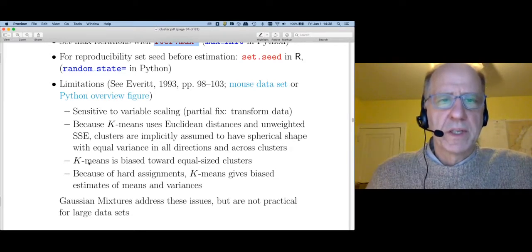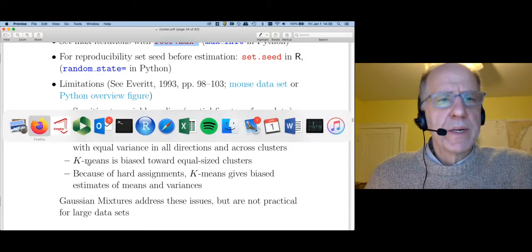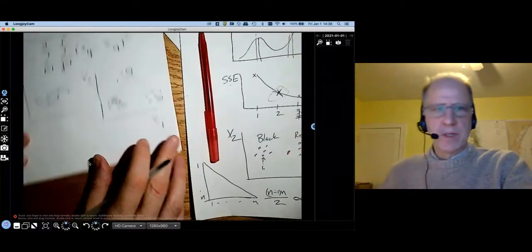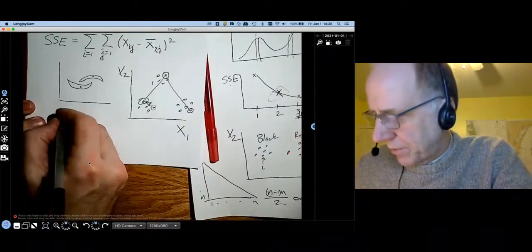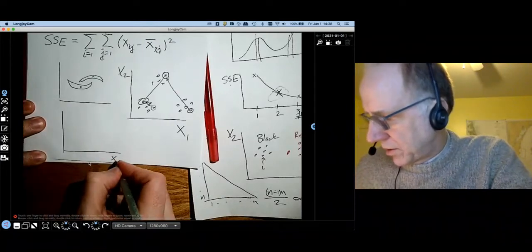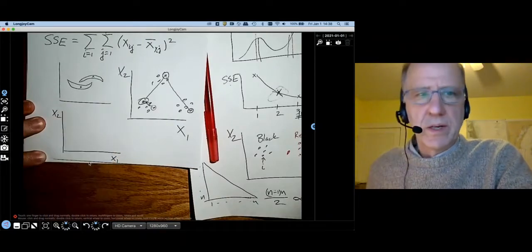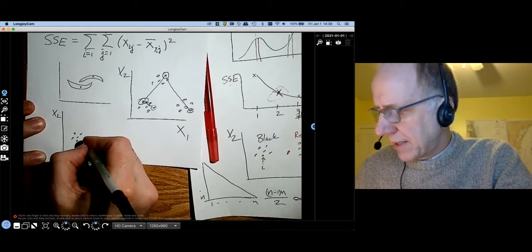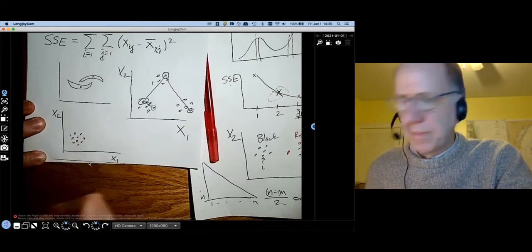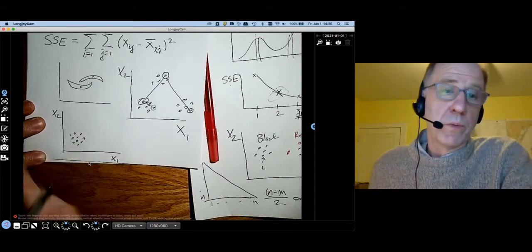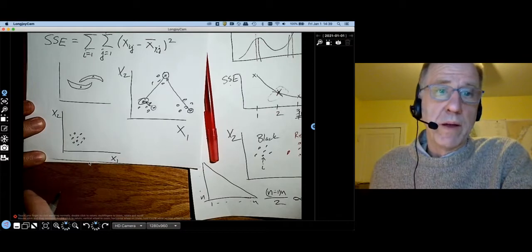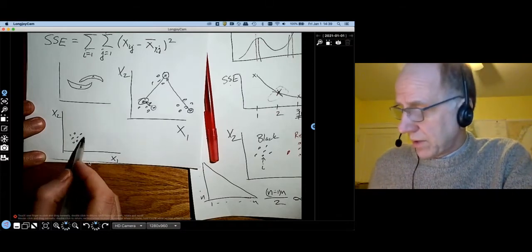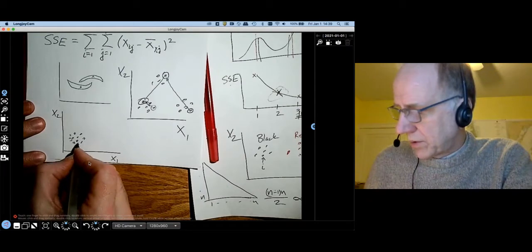To see why this is the case, let's go over to my document camera, and I'm going to sketch out an example for us. So let's say that we have x1 and x2, and I'll make it easy for k-means by having the same variance. So let's not have that as a problem. I've got one cluster out here with a lot of points.